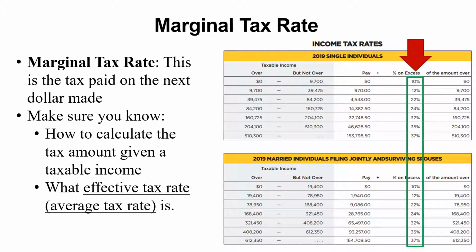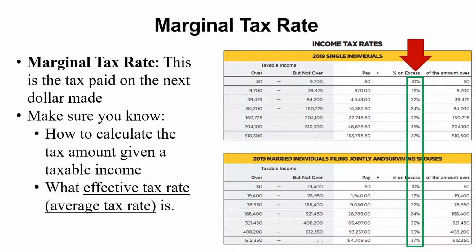Finally, tax. In this unit, we learned how to calculate tax. A very important concept here is the marginal tax rate. Look at the tax table here. The tax rates in the green box here are the marginal tax rates. Marginal tax rate is the tax rate you pay on the next dollar you make.